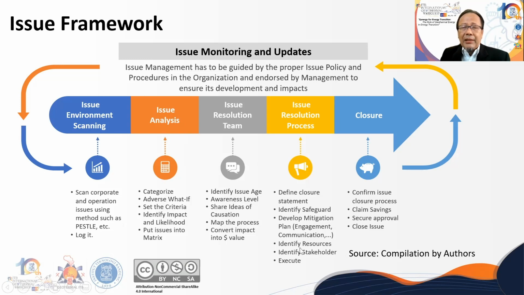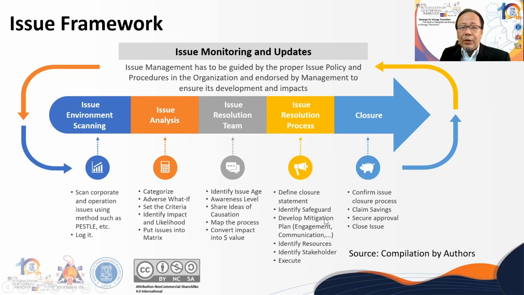In the resolution part, we have to define the closure statement, what conditions are required to close the issue, what safeguards we have, and what mitigation plan to develop, like engagement, communication, or even a contribution program, CD, CSR, etc. To do this, you need resources, and also to identify all stakeholders, internal and external, who contribute to the issue, both those resolving it and those who will make the issue worse. You have to identify all these stakeholders.